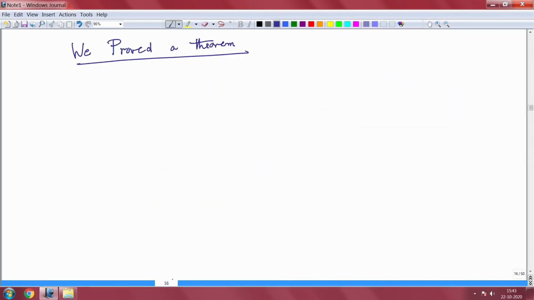The case 1: if u naught prime of psi is greater than or equal to 0 for all psi, then this implies that u naught is non decreasing.